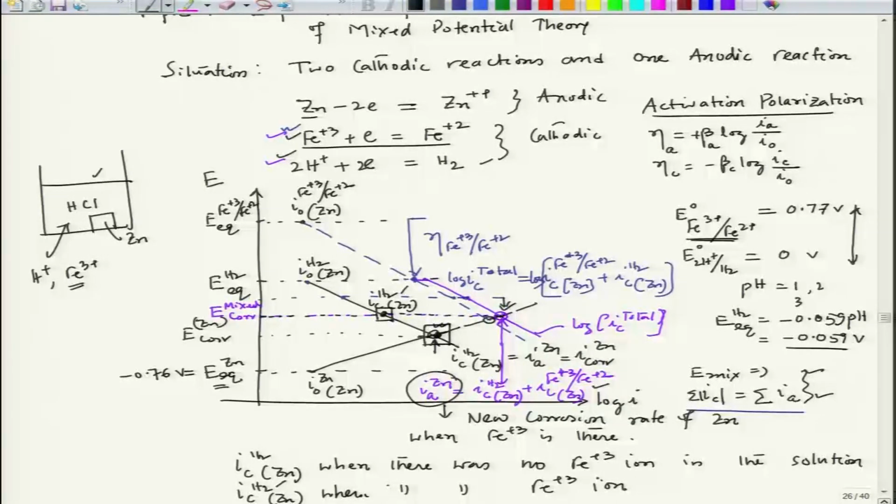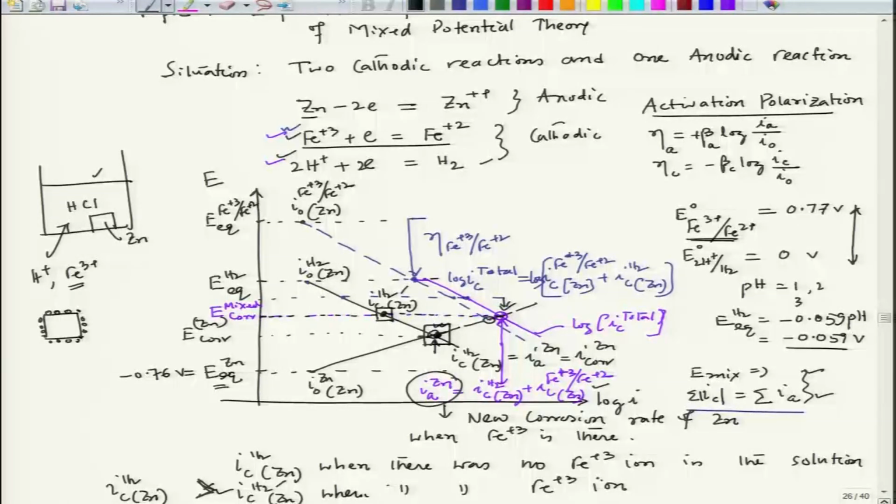Now, what could be the observation? The observation is unique. In the beginning when there was no Fe plus 3, we will see a lot of hydrogen bubbles on top of the zinc surface. But once we have Fe plus 3, the rate is less than I c hydrogen on the zinc surface when there was no impurity.